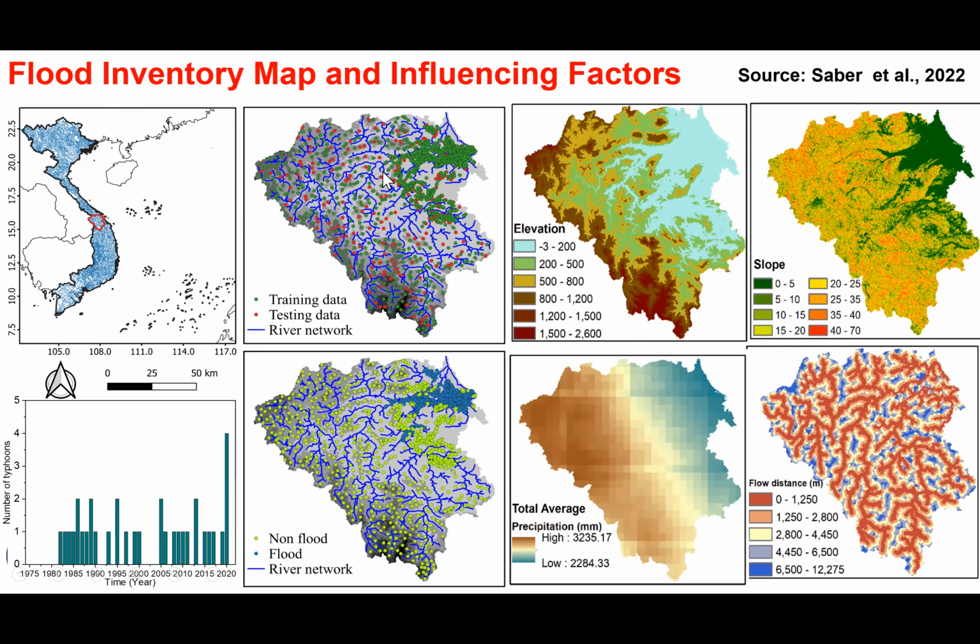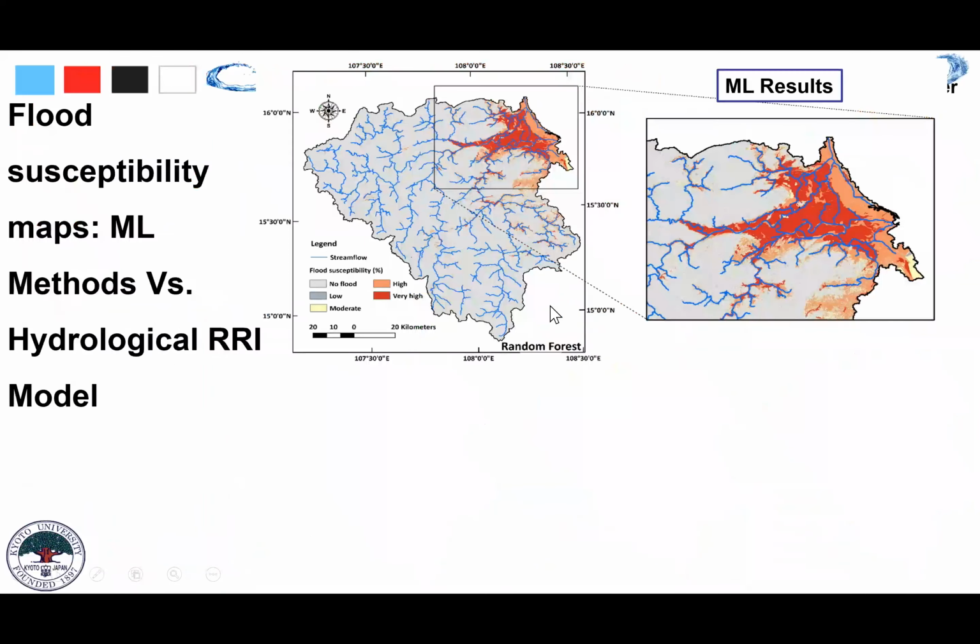So we tried to develop these maps and the factors, and from that we could use the machine learning techniques and hydrological modeling, a rainfall-runoff-inundation model, in order to develop the flood susceptibility map.